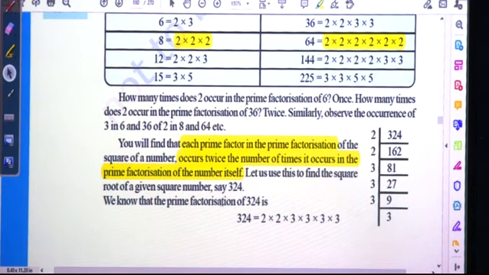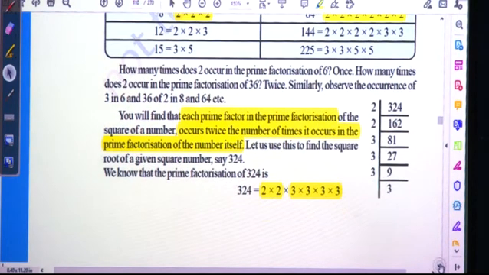We know that prime factorization of 324 is 2 into 2 into 3 into 3 into 3 into 3. 2 is coming twice, 3 is coming 4 times.